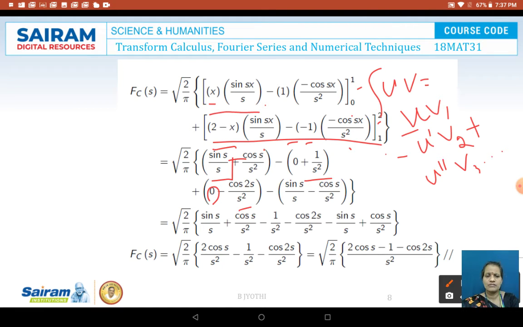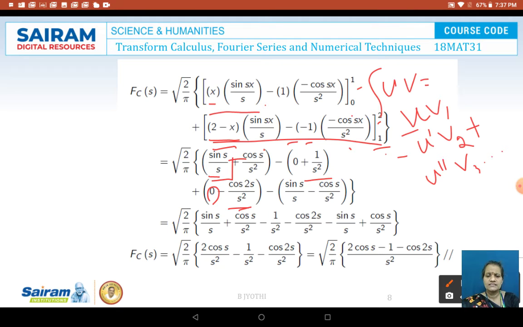Whereas when I put the lower limit, that is 1, then 2 minus 1 is 1 into sin s by s minus cos s by s square. So let us simplify this. Sin s by s plus cos s by s square minus 1 by s square minus cos 2s by s square minus sin s by s and cos s by s square.